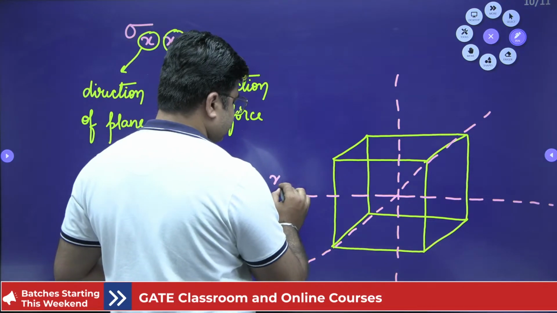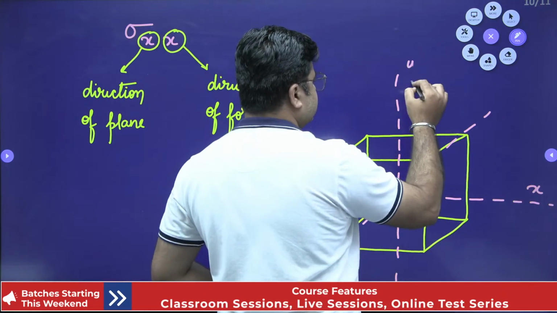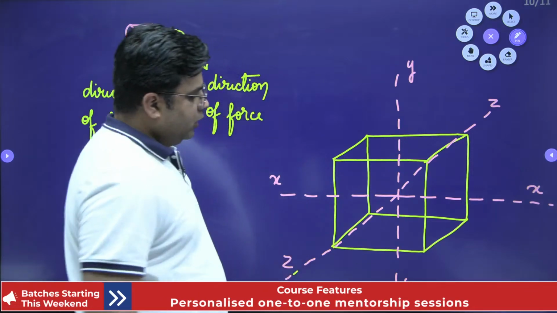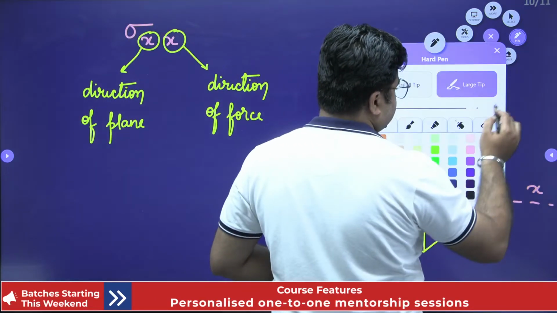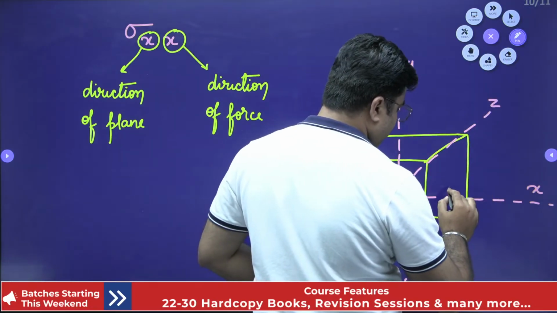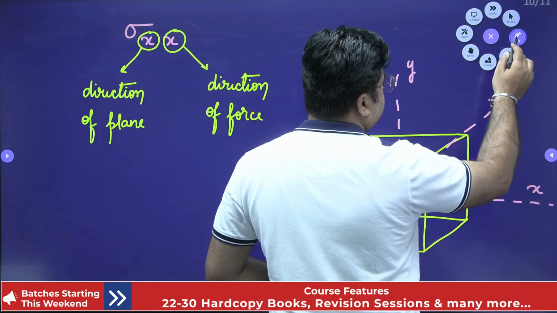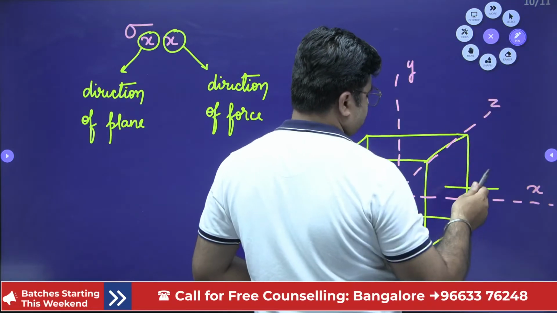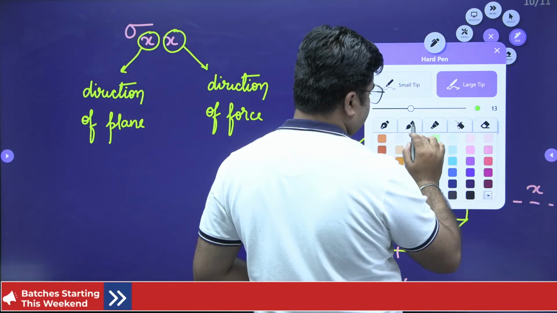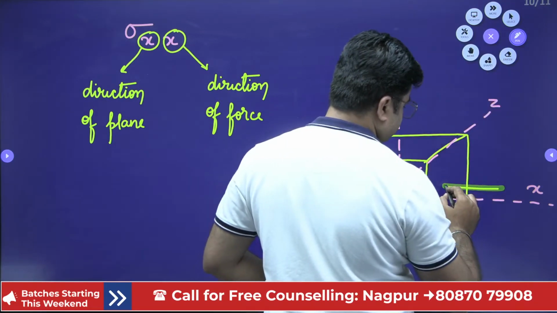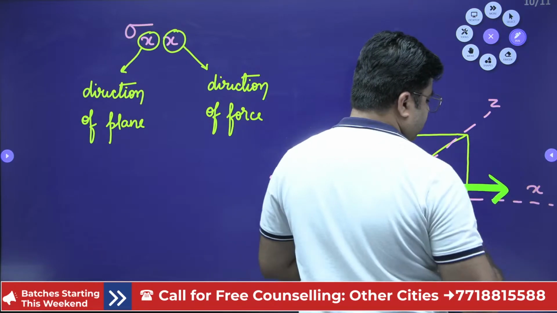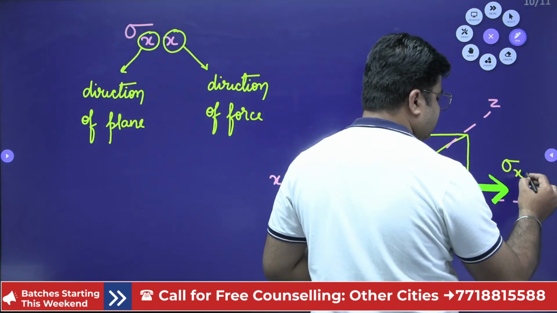So if I have to write the value of direct stress that will be coming over, this is sigma xx.